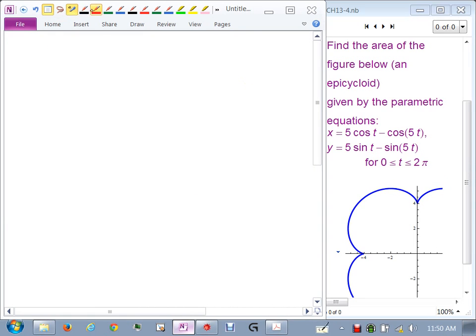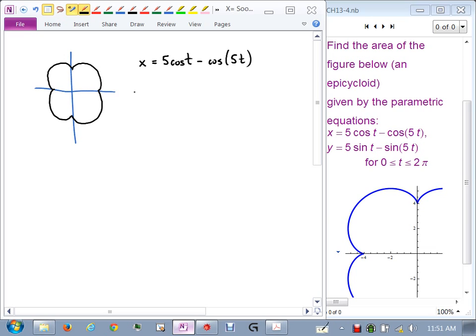So we've got this epicycloid looking thing. We're given x is equal to 5 cosine t minus cosine 5t. We're given y is equal to 5 sine t minus sine 5t.